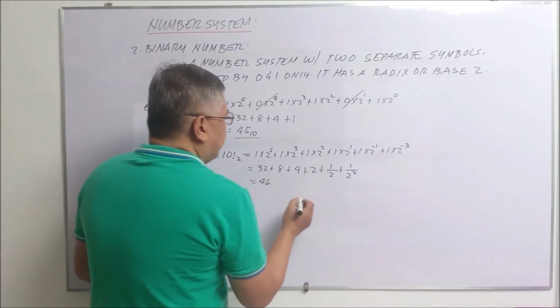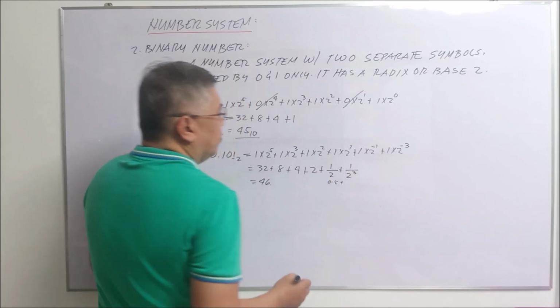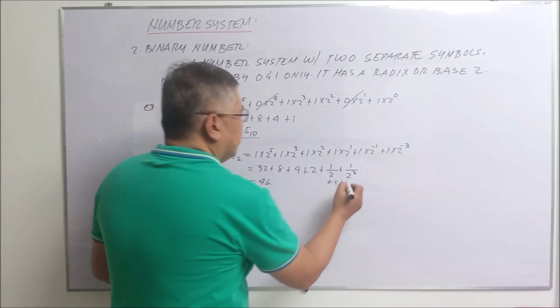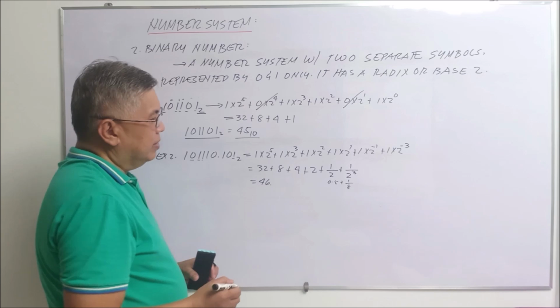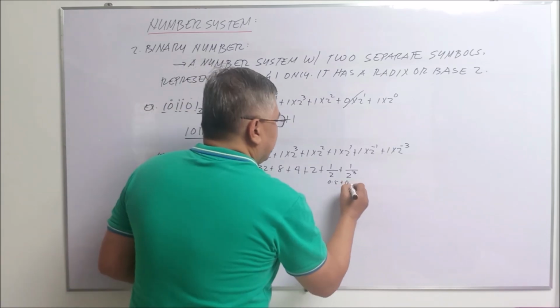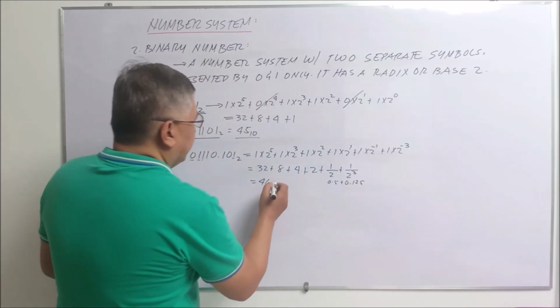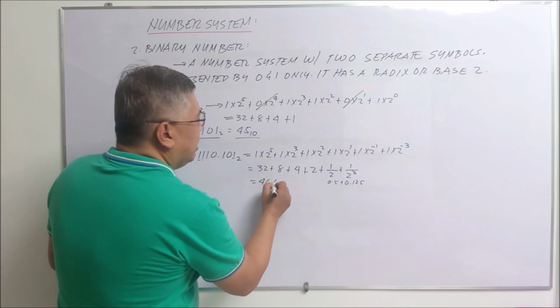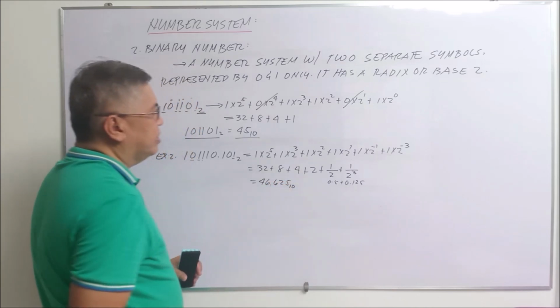1 half is 0.5. Plus what is 1 over 8? That is equivalent to 0.125. So the total will be 46.625 of base 10.